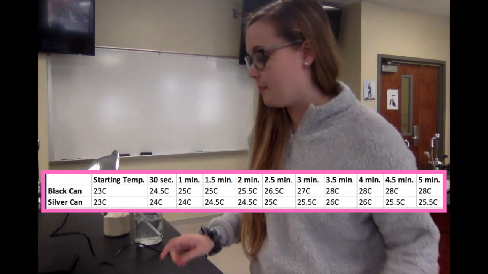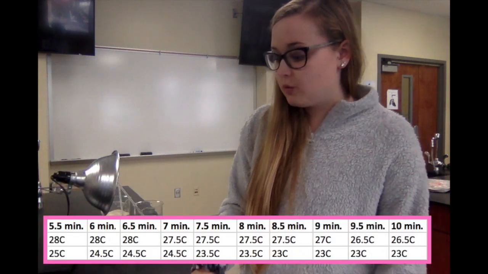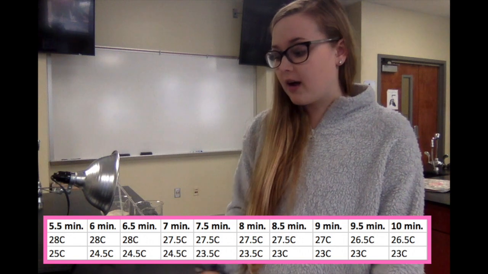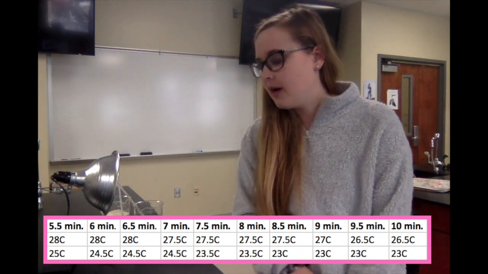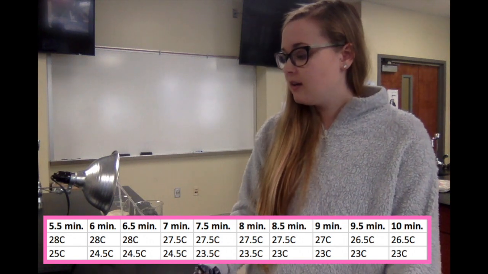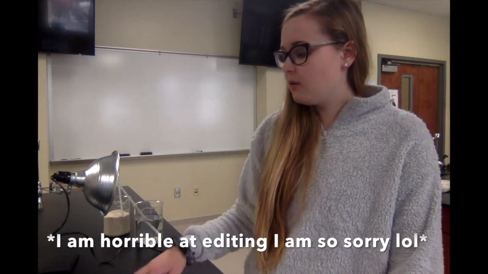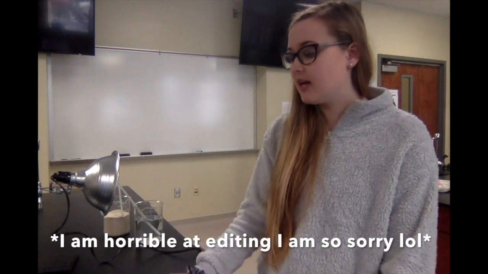But basically what happened was both the black and the silver can started out at 23 degrees Celsius. And then the black can, the highest temperature it got was 28 degrees Celsius, and it hit that number at about 3 minutes.